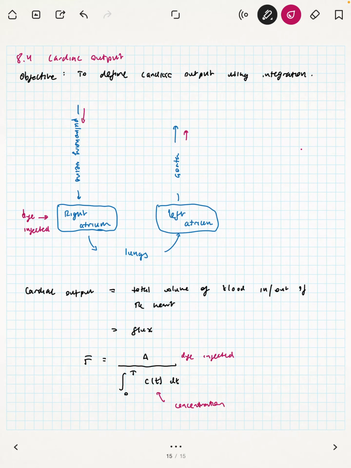And this should equal the flux because the flux is constant. And we just have to wait until the dye clears to perform this.